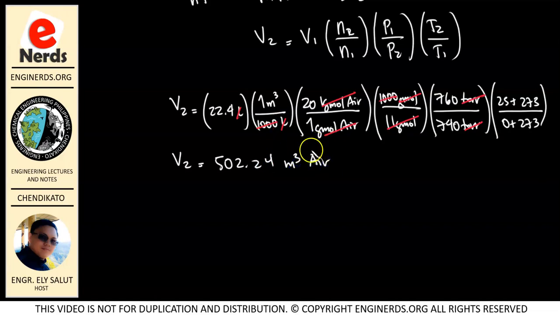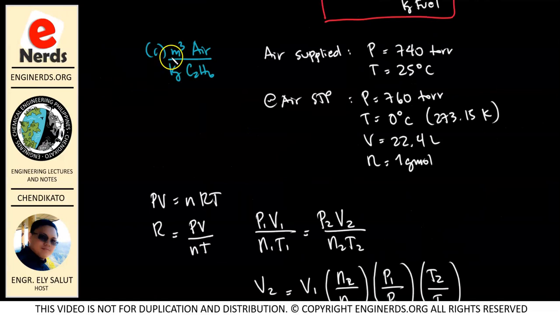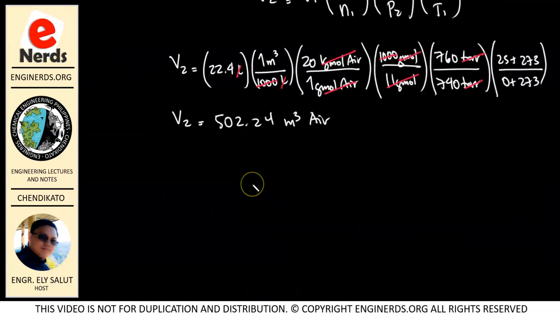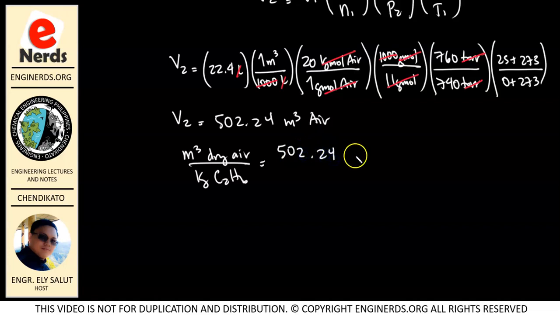Okay, so our requirement is to get the cubic meter of air per kilogram. So cubic meter of dry air per kilogram of our fuel, which is C2H6. So we have 502, sorry, let me write that again. So we have 502.24 cubic meters per weight of our C2H6.